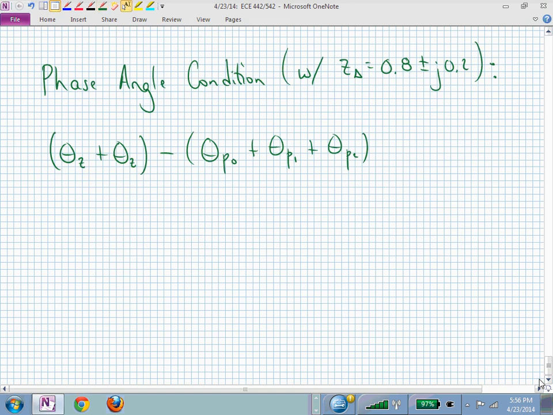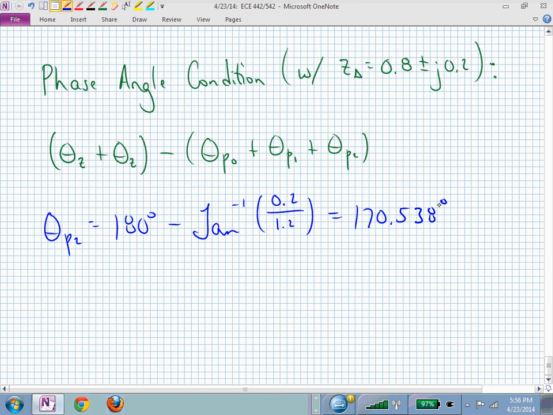If we now compute those, theta p2 is calculated the same way as before. It's just now we're going up 2/10, and we're going over 1.2, and this ends up being 170 degrees, a little bit more than 170.